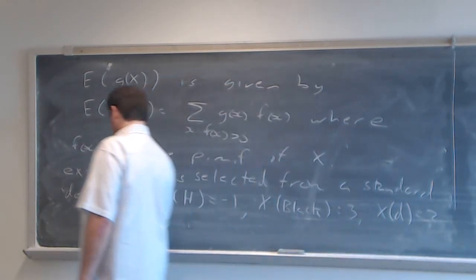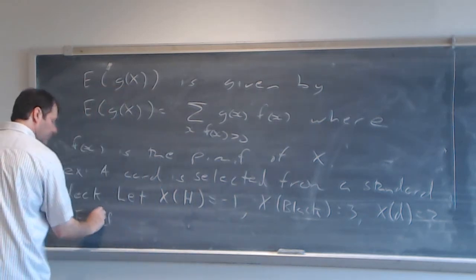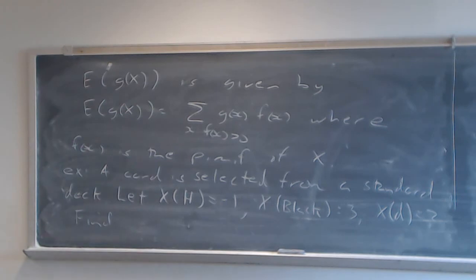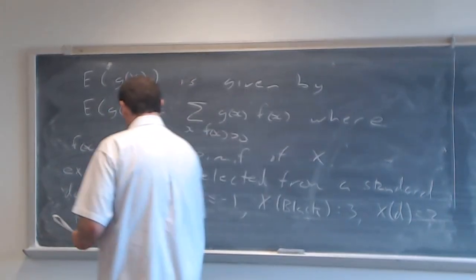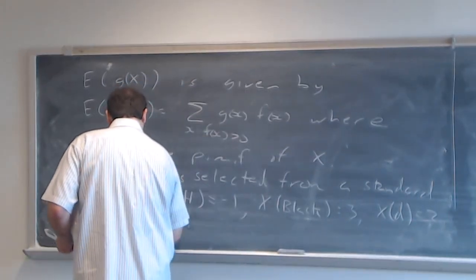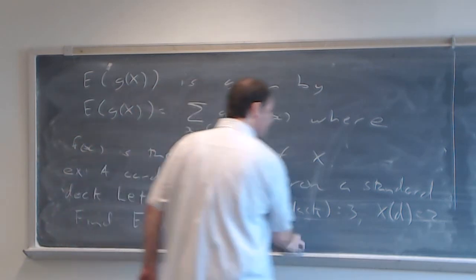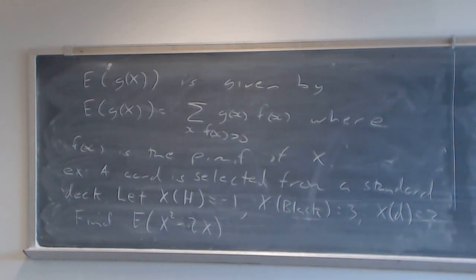And so here, what I want to find is the expected value of the quantity X squared minus 2X. So our g of x here is X squared minus 2X. That's what we're trying to find the expected value of. The g is a function of the random variable X.